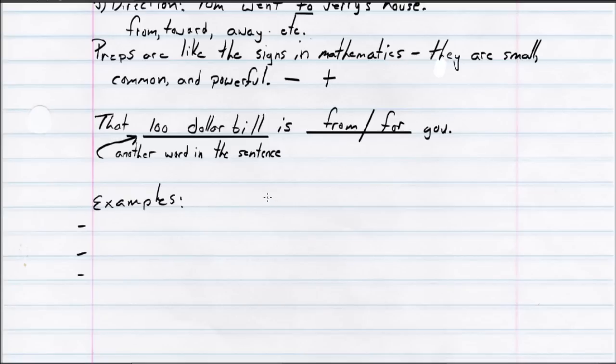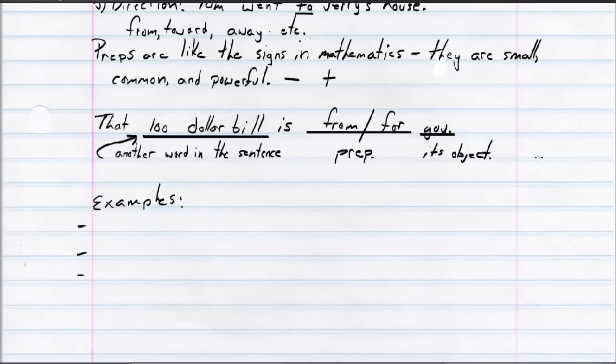So the $100 bill, according to our definition of a preposition, is going to serve as another word in the sentence. Underneath from or for, write prep. And let's go ahead and underline you. And underneath that, put its object.